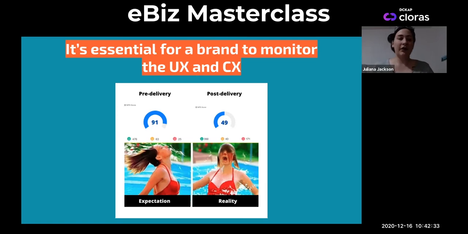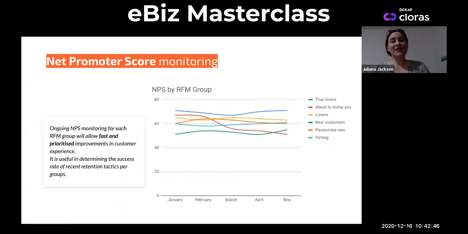Measuring NPS pre and post delivery shows you if the expectations built by your marketing are actually being met. This is a very important part, because I see a lot of people talking badly about NPS, but at the same time they don't measure it right.